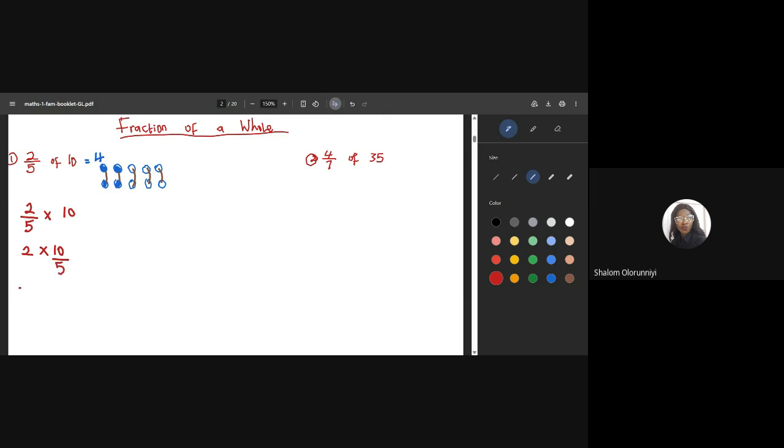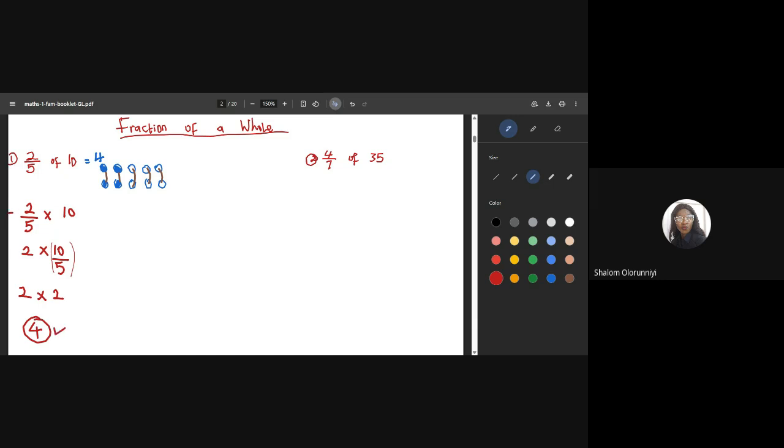And then if we continue that way, we know that 10/5 is going to make 2, right? If you look at 10/5, that makes 2. So that means 2 times 10/5 is the same as 2 times 2, because 10/5 is 2. And then finally, your answer is going to be equal to 4.